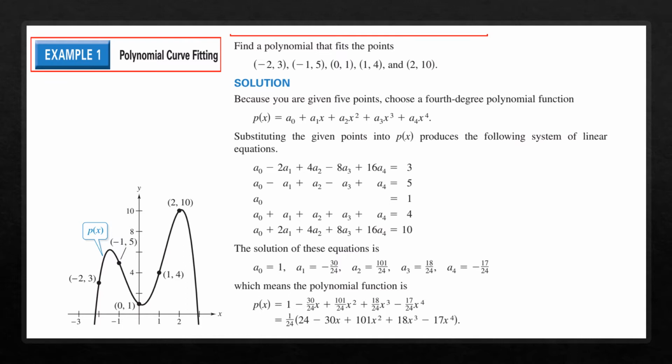And solving this system by any one of the methods, elimination method, substitution method, graphing method, or the determinant method, Gauss-Jordan elimination method, or the reduced row echelon form using a graphing calculator, we can find the constants a0, a1, a2, a3, a4. Plugging in those values in your p of x, you get the equation. So this represents the 4th degree polynomial where you can find all those 5 points lie on this.